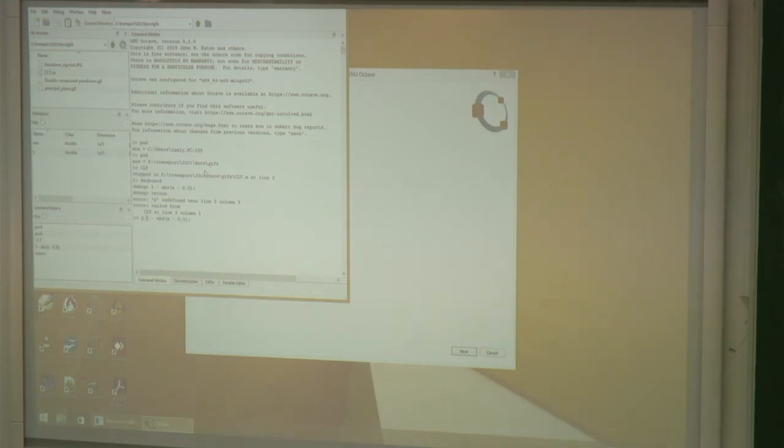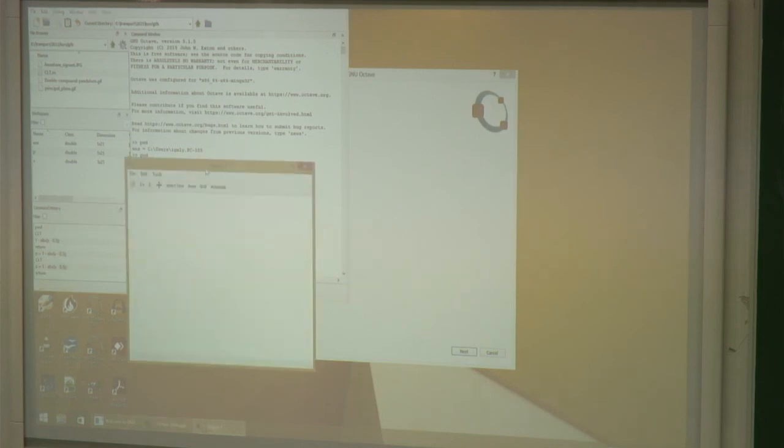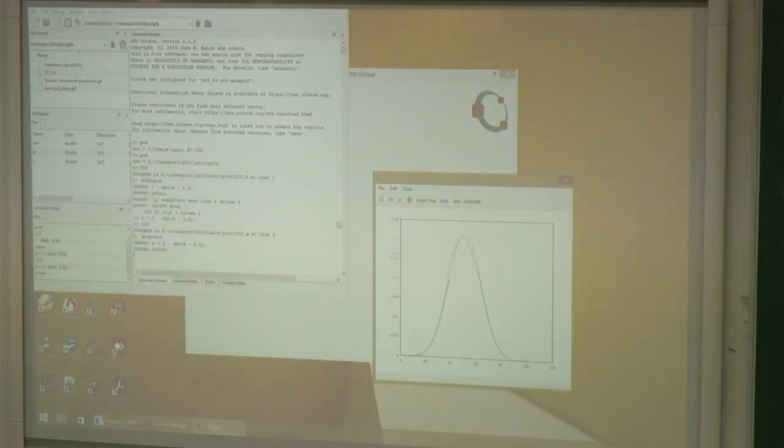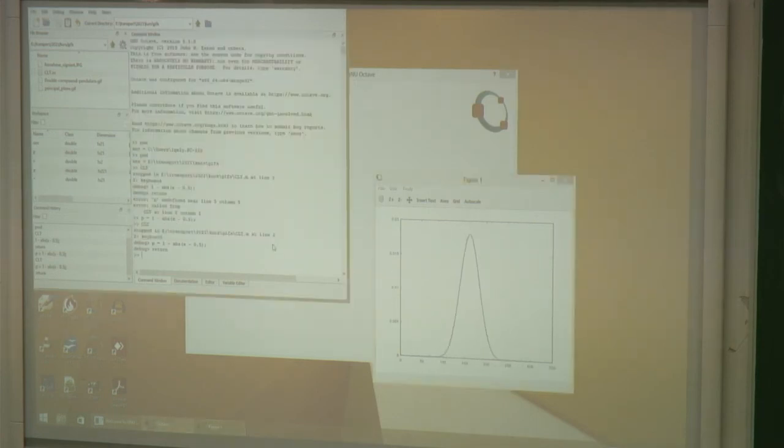So. It did the whole approximation in one step.